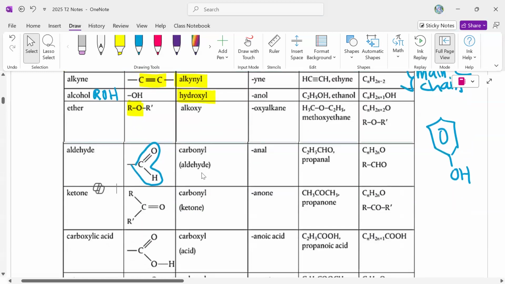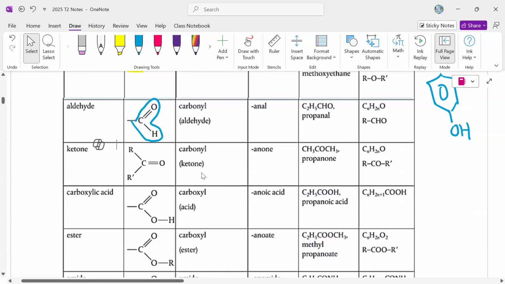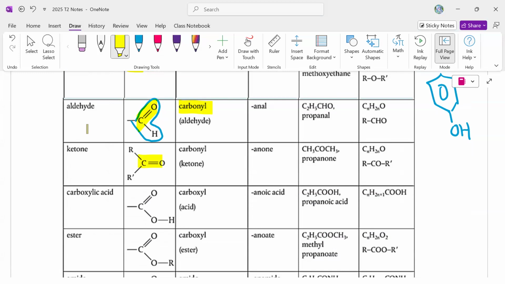Okay, next we have aldehyde. Aldehyde, right, you will start to see COH. Now, aldehyde is the class. The functional group is just this part here, and it's called carbonyl. But for aldehyde and ketone, both of them have the same functional group, which is the CO, and that's the carbonyl.